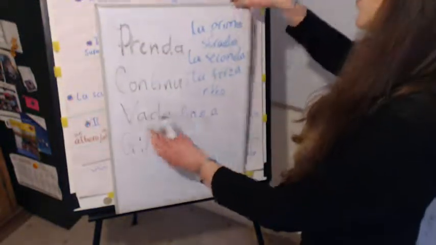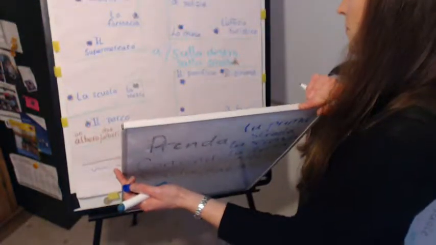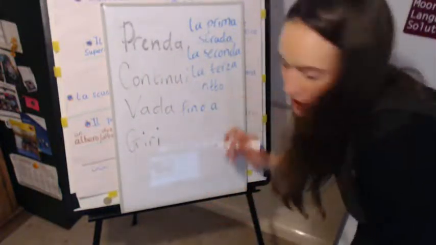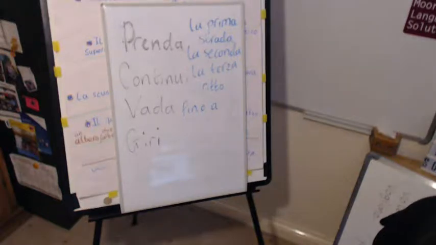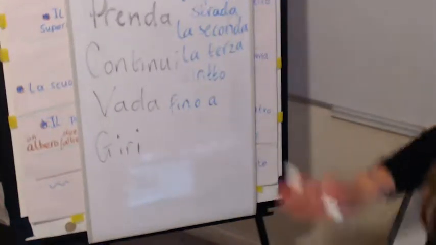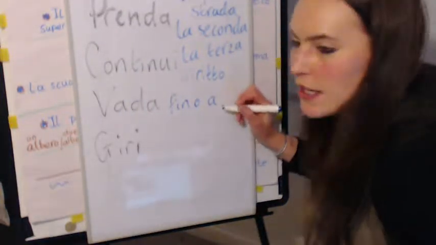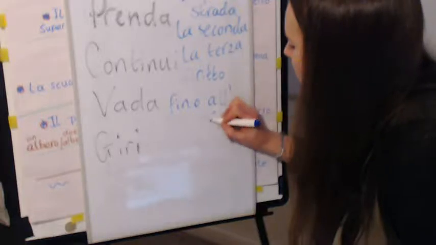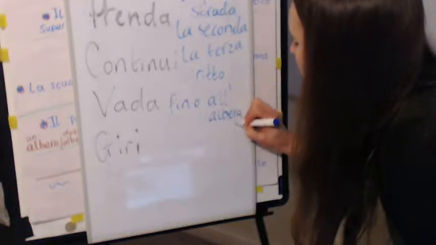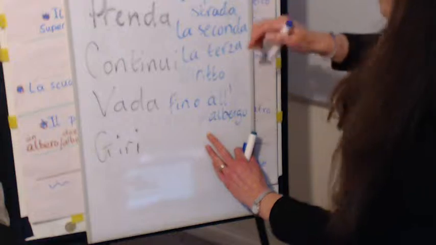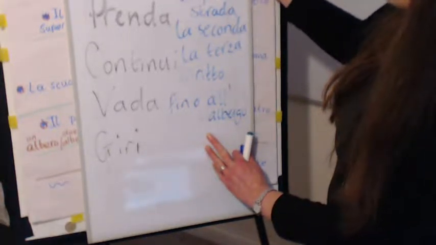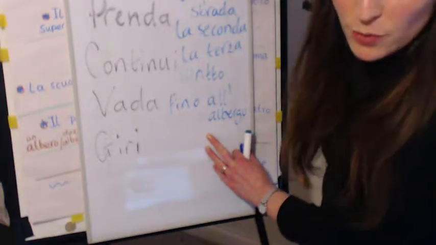So let's say, fino a, so we've got the preposition a. If we're going to say something like go as far as the hotel, fino all'albergo. So a plus l' equals all', that's like a combined preposition.